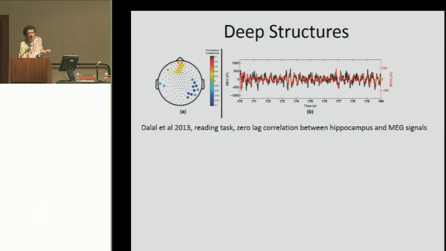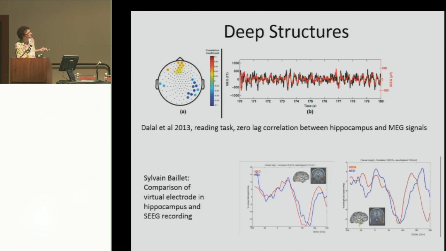It's not a proof, but it's a good indication that it's seeing the same activity. Of course, it could be zero lag with propagated activity, but still it's very encouraging that MEG could actually see the hippocampus activity. Another report by Sylvain Baillet compared a virtual electrode reconstruction in the mesial region and the actual SEEG recording performed within the hippocampus. The two traces are very similar: reconstructed from the surface or recorded directly within the brain.